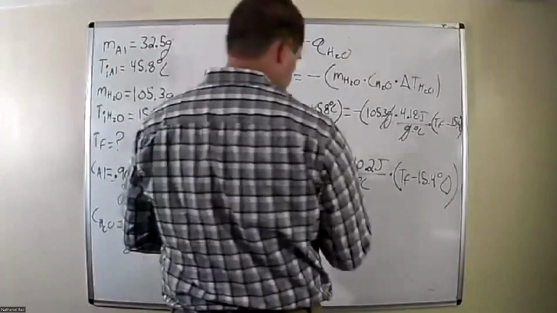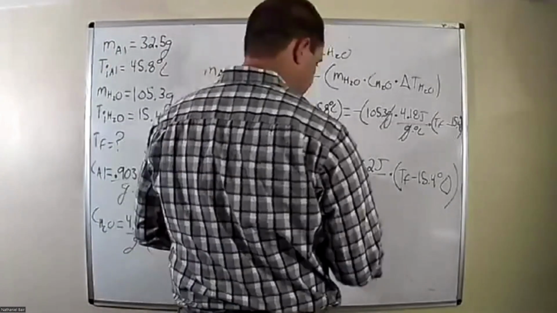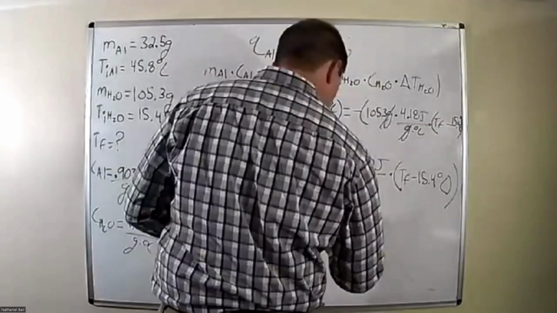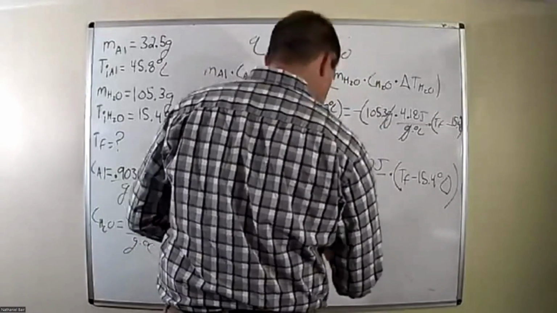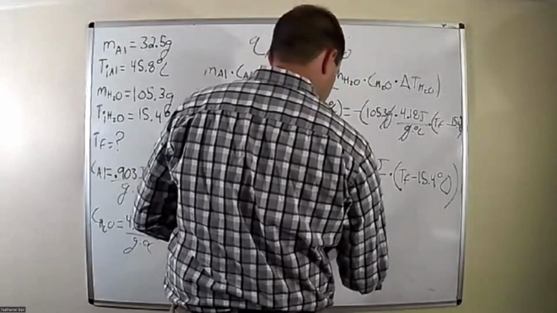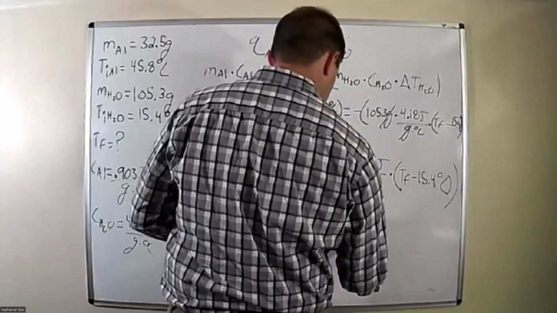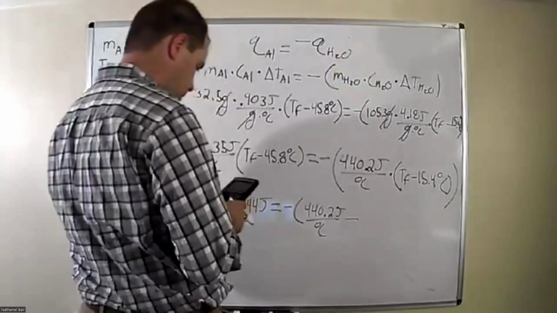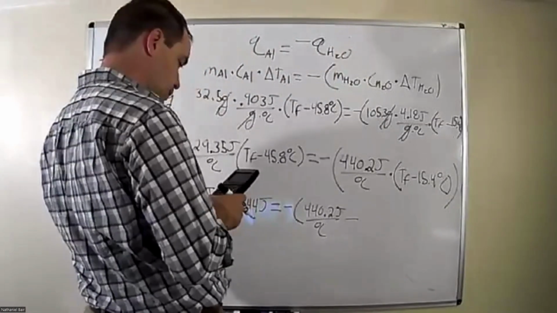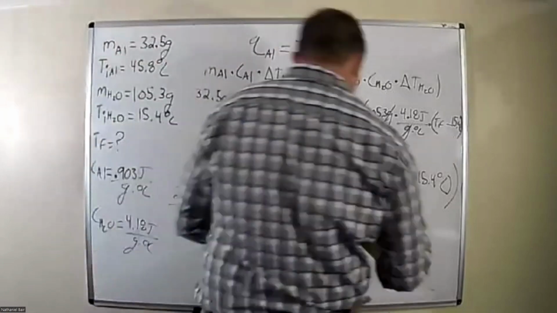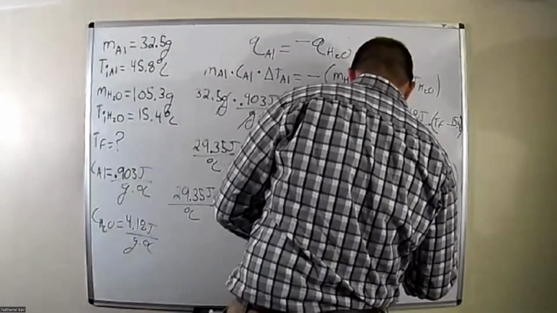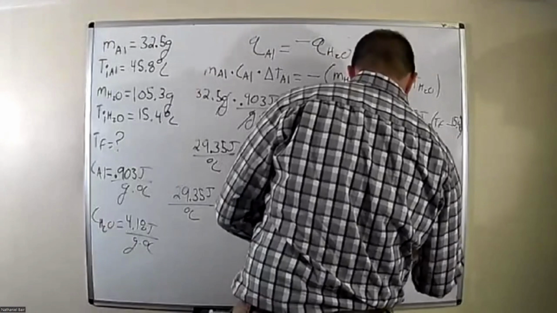That equals, I'm going to leave that negative out still, 440.2 joules per degree Celsius minus 15.4 times 440.2, 6,779 joules.